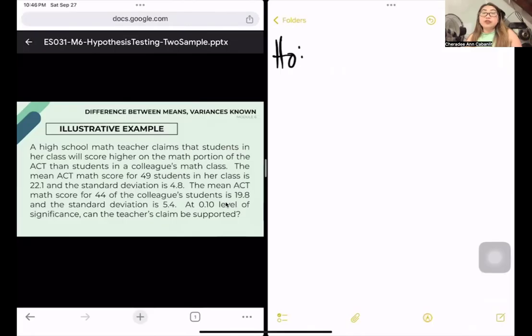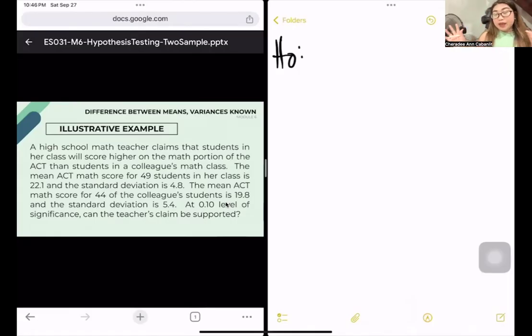She's comparing her students' scores with her colleague's scores. So you could assign mu1 as the teacher's class, and mu2 as her colleague's class.